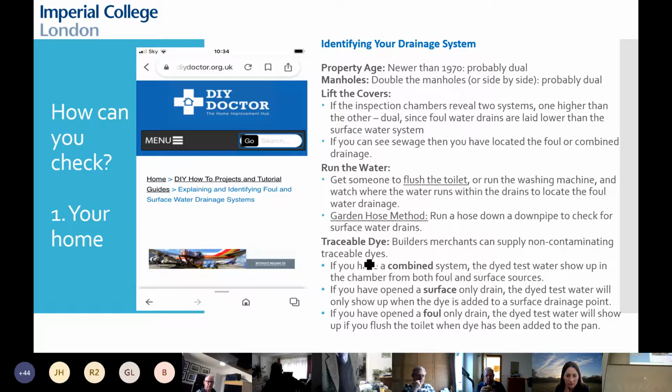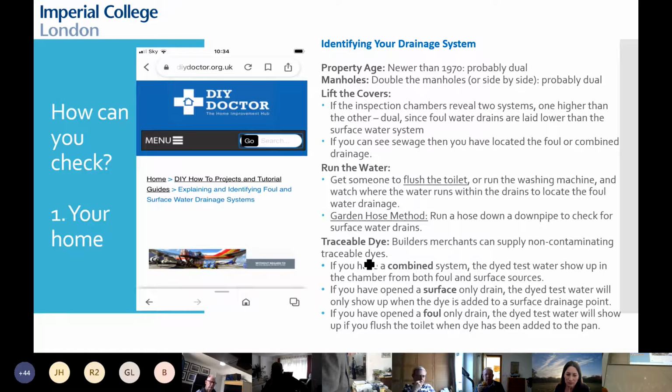Now, what can you do about it? This is where we do some DIY. This is where you turn into a citizen scientist and you have a look at your own property. If you've got a property that's after 1920, possibly not after 1950, you've got a lot more chance of having a separate system.